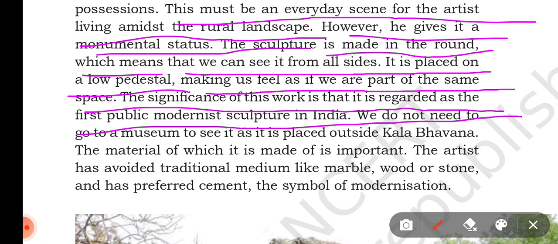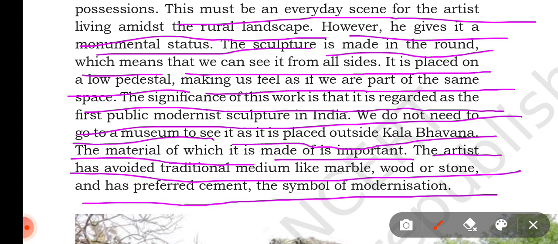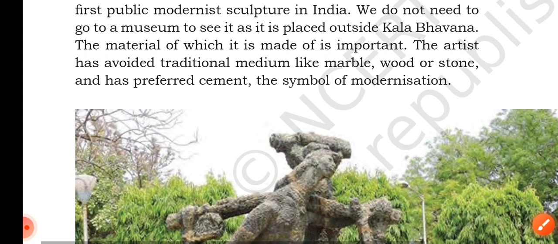We do not need to go to a museum to see it, as it is placed outside Kala Bhavan. The material it is made of is important. The artist has avoided traditional media like marble, wood or stone and has preferred cement, the symbol of modernization.